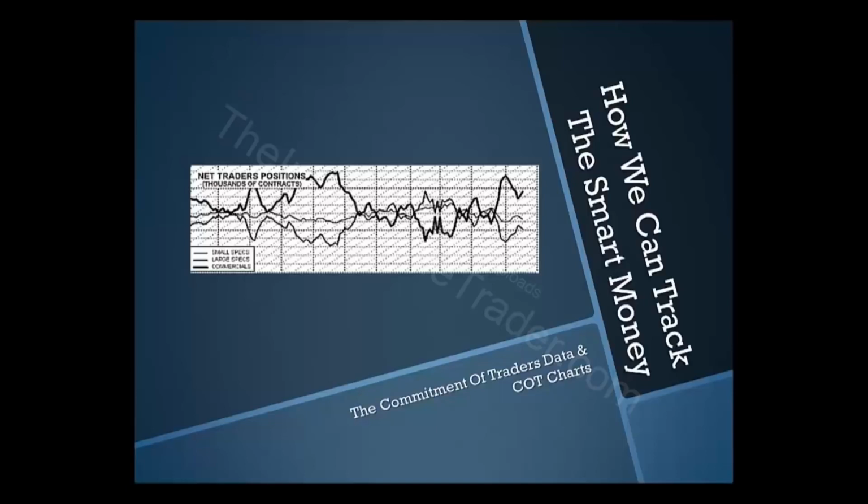Usually when you see that scenario and it's a 12-month or 4-year extreme reading, in other words, if the commercials have the highest reading in net longs in the last 12 months to 4 years, those are the two benchmark measurements I like to look at. For the 12-month calendar year, what's the highest and lowest they've had in terms of net long and net short positions.